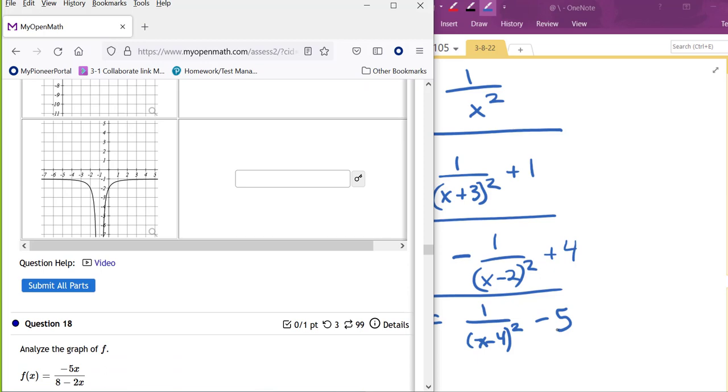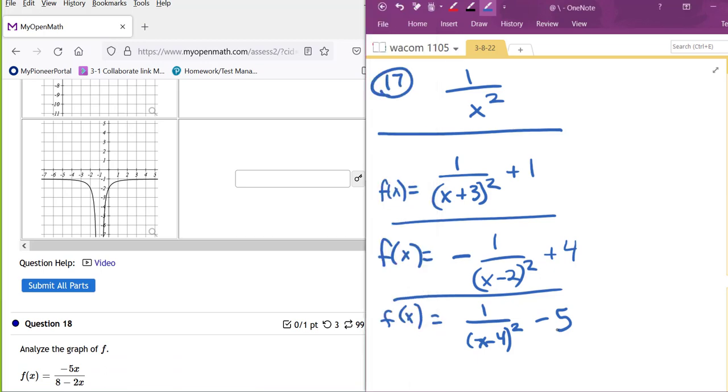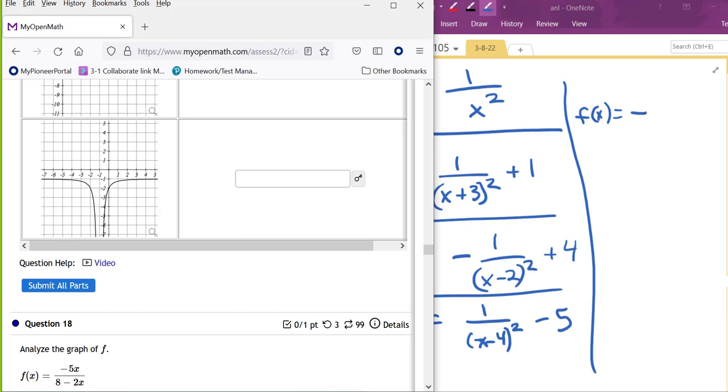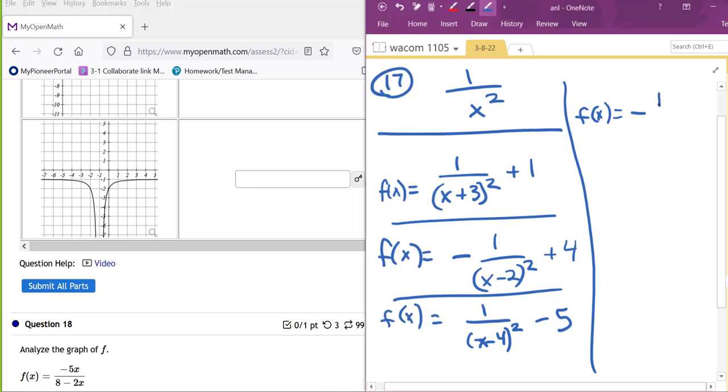And one more. This one has flipped upside down. I'm going to put it over here. Okay, so upside down is going to make it a negative. Right? It has moved to the left only 1 unit because here's your asymptote. 1 unit to the left, but that is going to be an x plus 1 inside the parentheses.